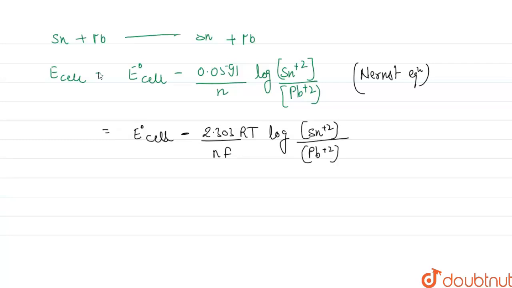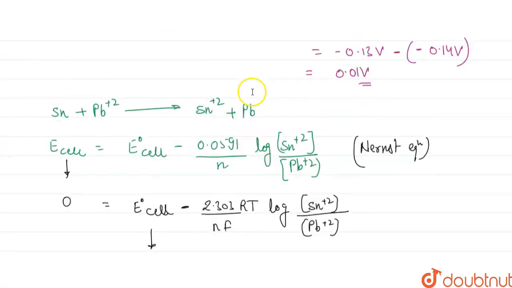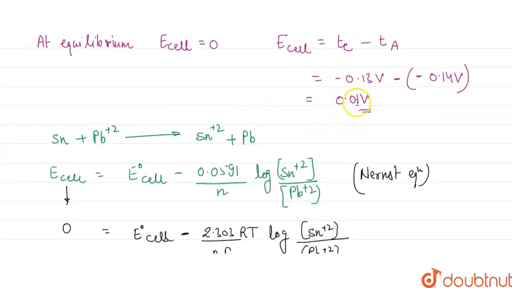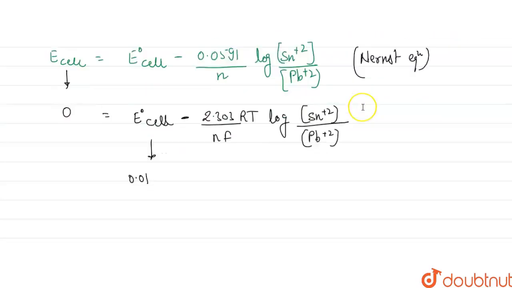Now here we all know the E cell will be 0. E naught cell is 0.01. It is not given, actually we have calculated this, the value is 0.01 volt.